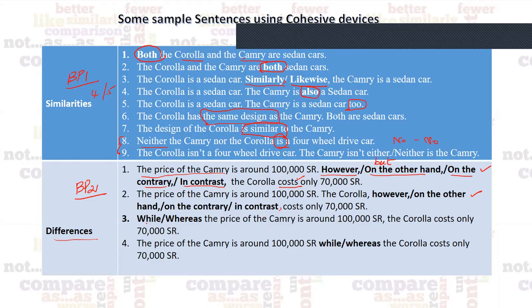Okay. Same thing, while and whereas. The same function. But when you use it in the beginning, you need a comma between the first part and the second part. However, if you are using while and whereas in the middle, in between the first part and the second part, there is no comma. Be careful here.